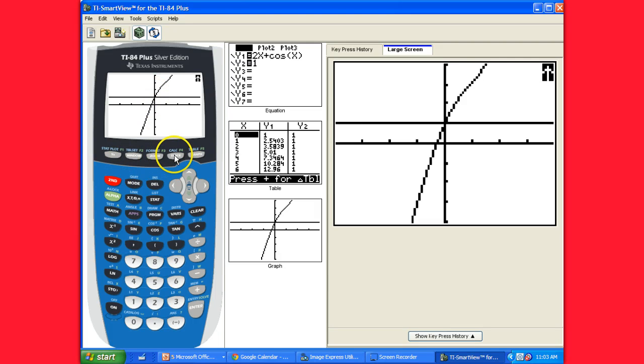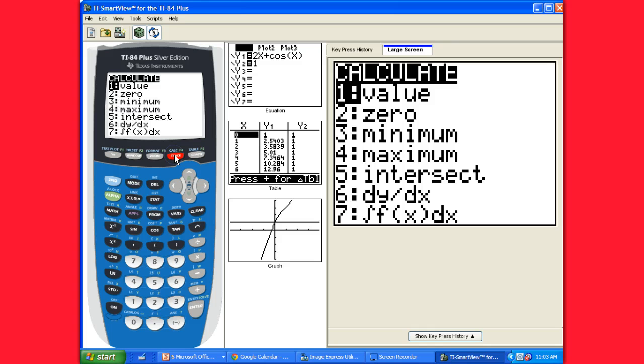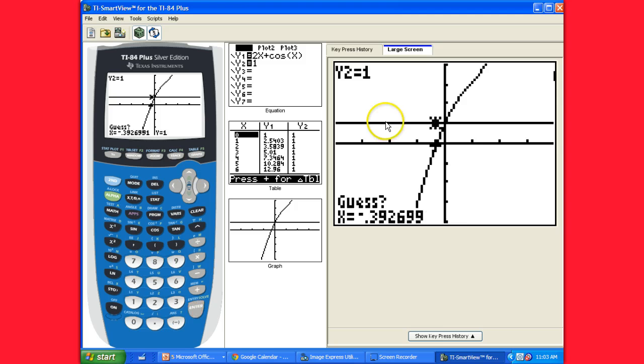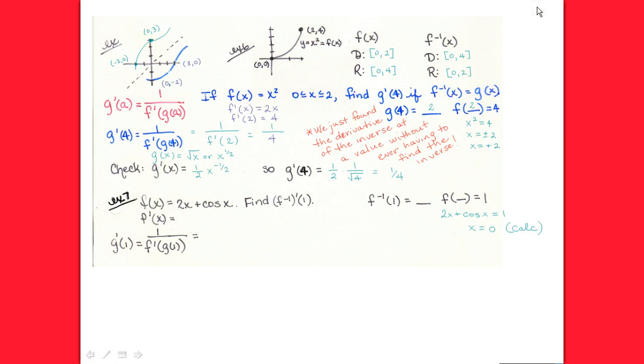So second trace, which is my calculate menu, option number 5, intersect. And it's asking me, do you want me to use what you've got in y1 for your first curve? So enter for yes. Do you want me to use what's in y2 for your second curve? Enter for yes. And come over here as close to we get to that point of intersection, and sure enough, it verifies for me that that intersection is 0, 1.